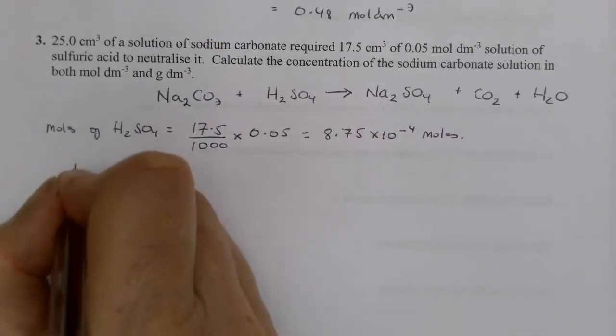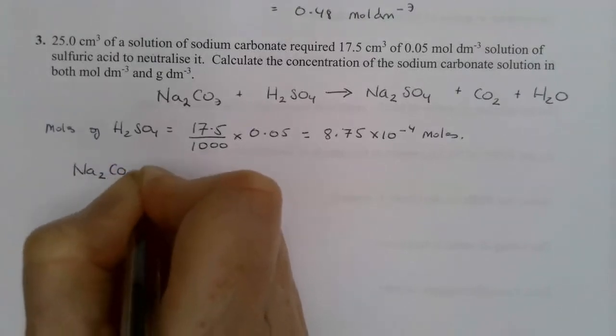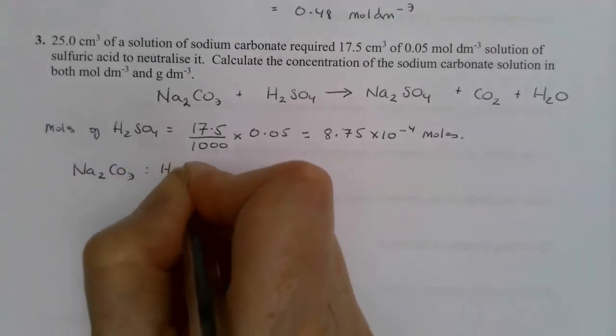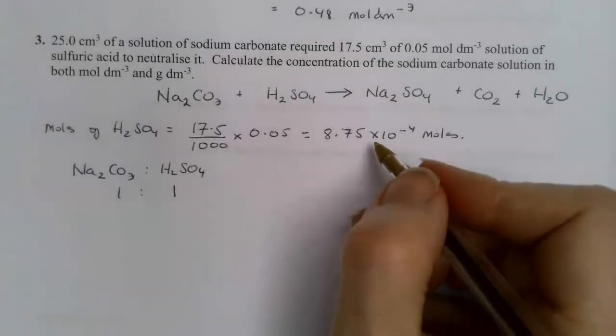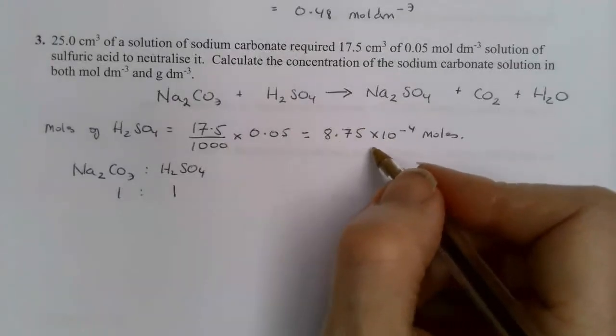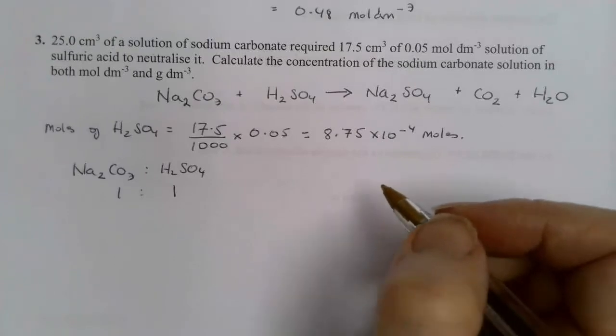This time the molar ratio is nice and easy, because the molar ratio between the sodium carbonate and the sulfuric acid is just 1 to 1. So if I've got this many moles of sulfuric acid, I'm going to need the same number of moles of sodium carbonate.